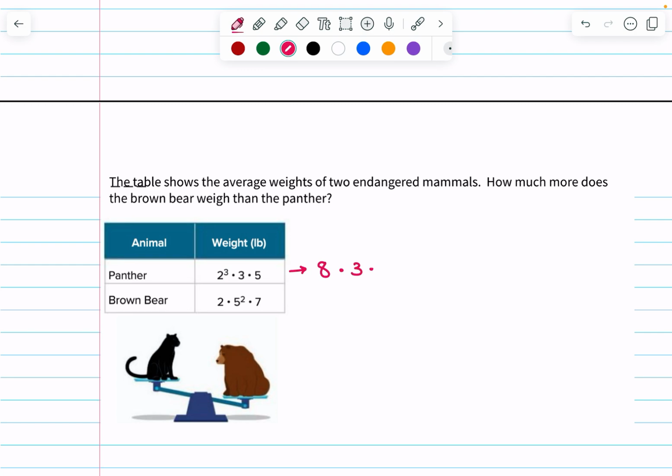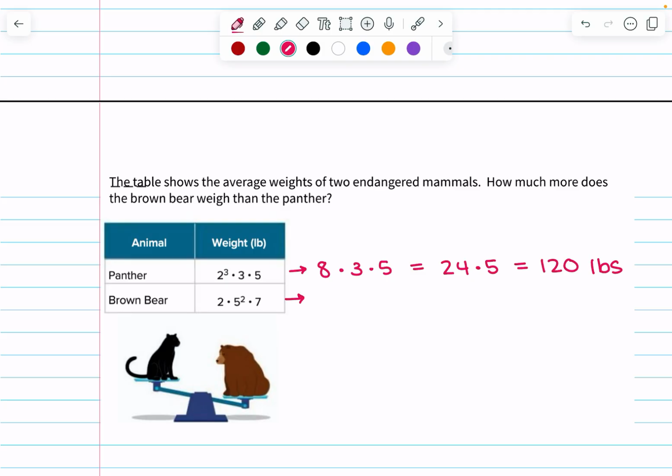Times 3 times 5. 8 times 3 is 24. 24 times 5 is 120. Okay? So the panther weighs 120 pounds.